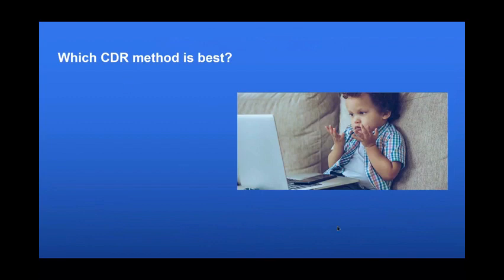Which CDR method is best? This is a very good question, and if I knew the answer, I might bet on it. But I think the answer right now is it depends. We don't know yet what's the best answer, and it depends. Each approach requires energy and water use.